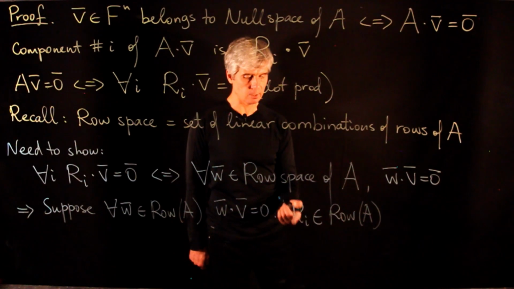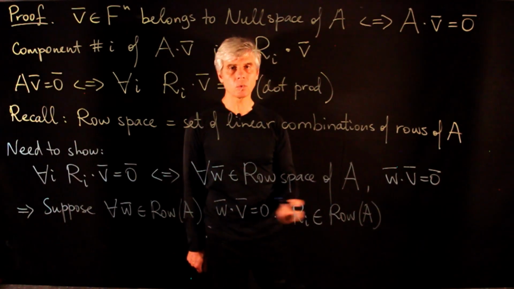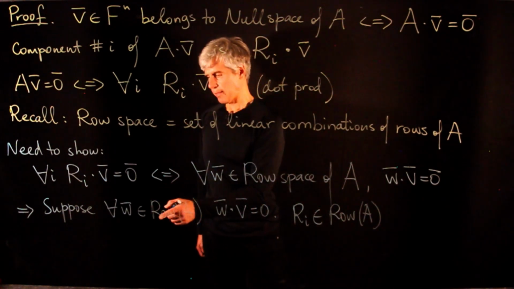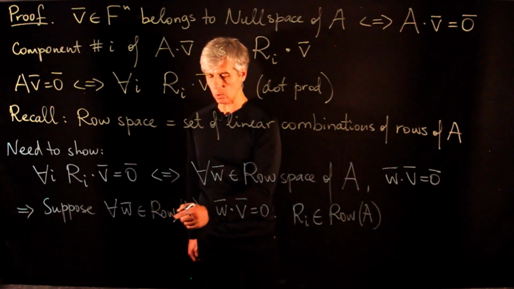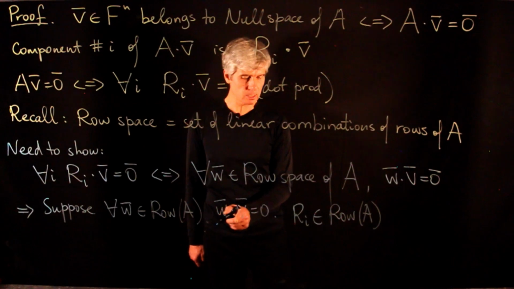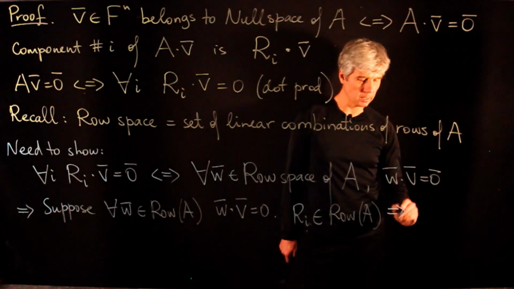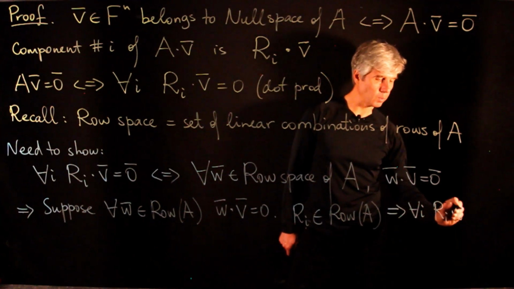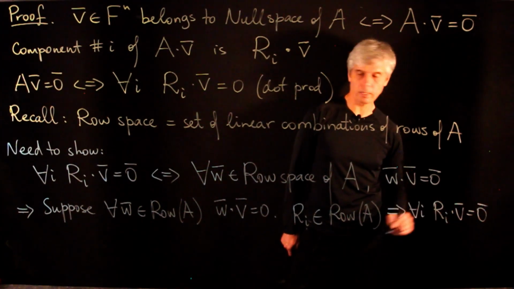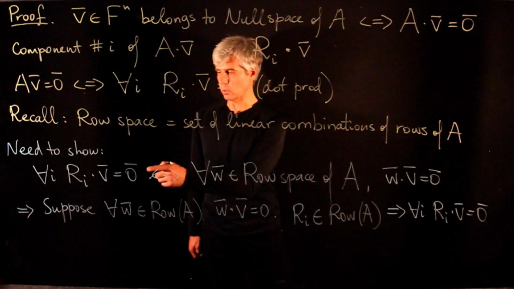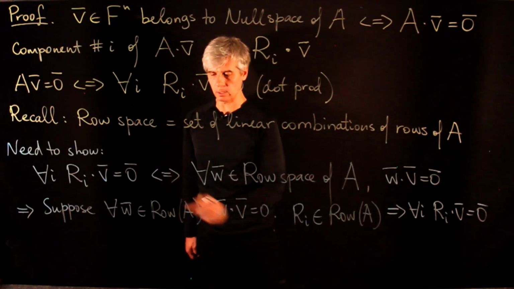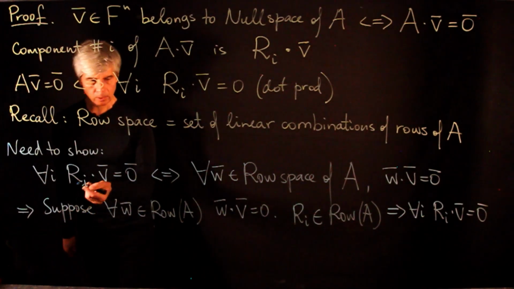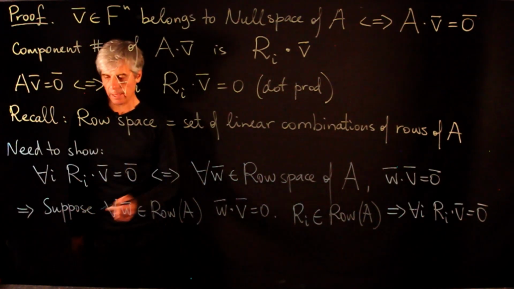We just take this row with coefficient 1 and all other rows with coefficient 0. So if for every vector in the row space of A this dot product is 0, this implies that for every i, row i dot product with v is equal to 0 as well. And so this equivalence is proved in one direction.